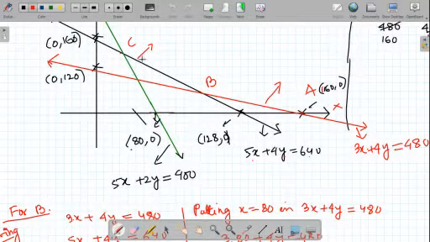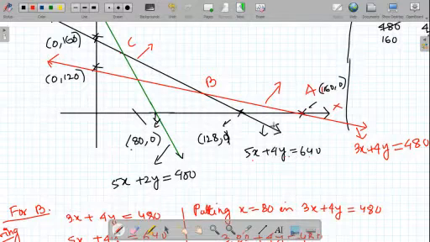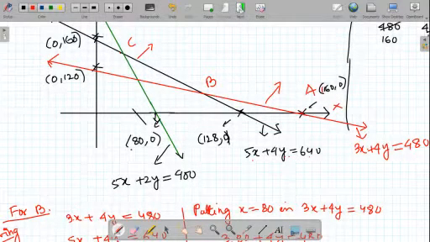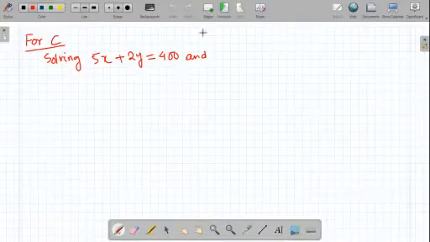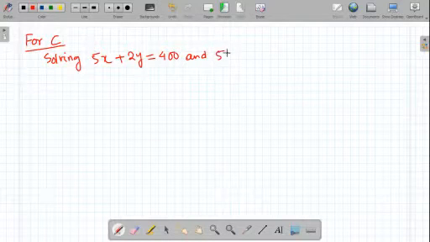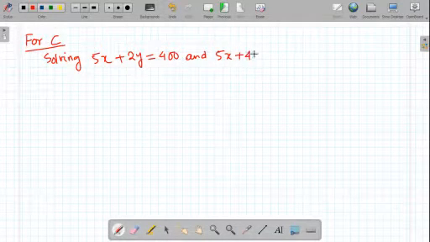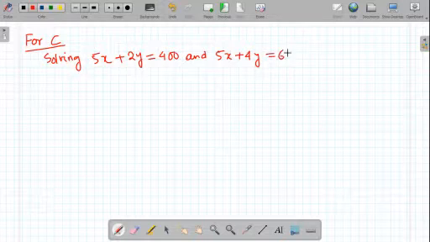C is the intersection of green and black. The black line is 5x plus 4y equals to 640.